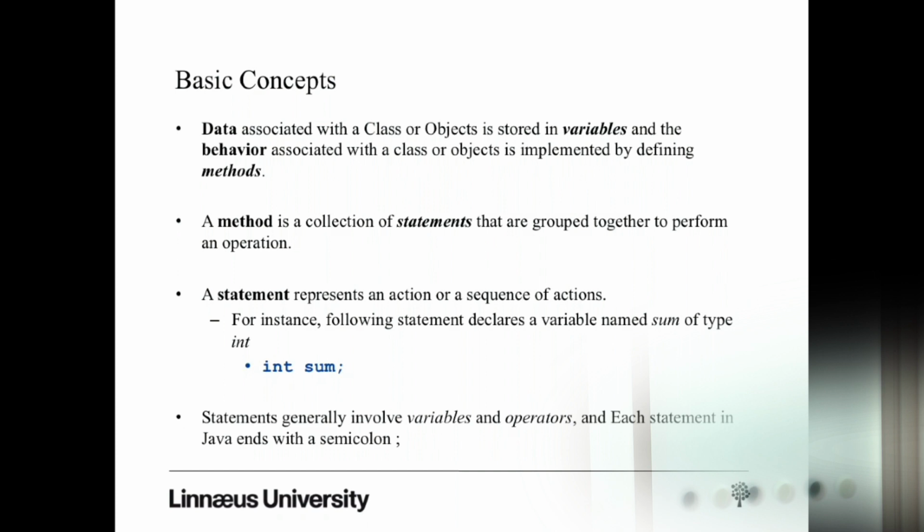But since today we are talking about some introductory level concepts like data, it's very important: if you're solving some problem, you will be dealing with some information, and that information is represented using variables. So the data associated with the class or object is stored in variables. We will see what variables are later on.